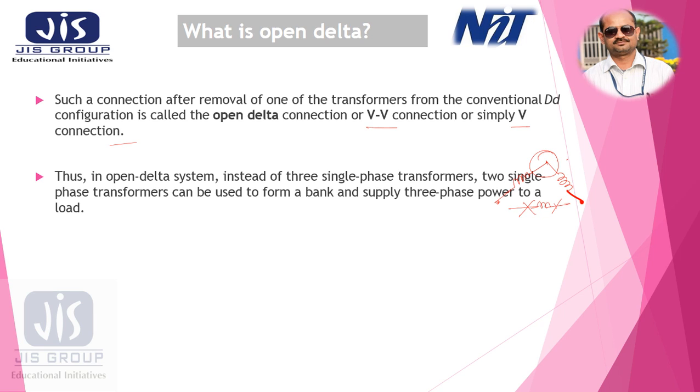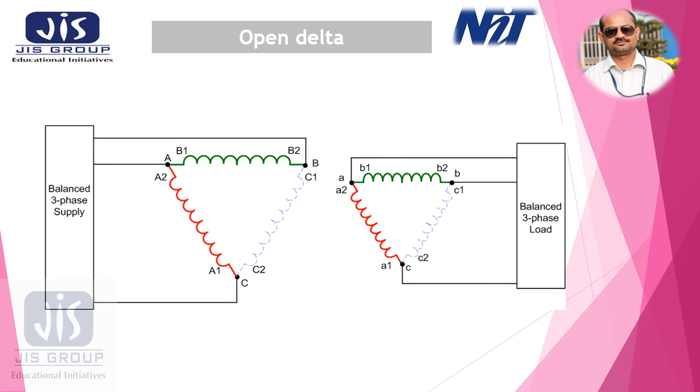Now in this open delta system, instead of three single phase transformers, there exist only two single phase transformers. So now the bank consists of two single phase transformers, and it is supplying three phase power to the load with a reduced voltage level.